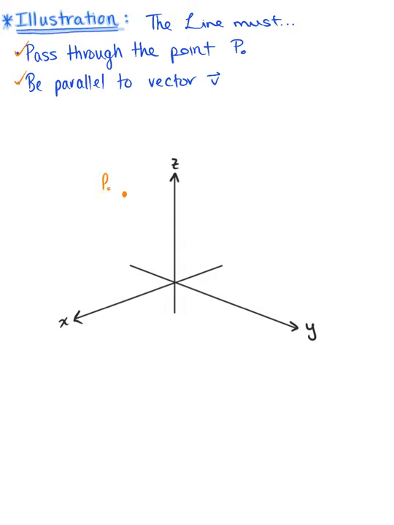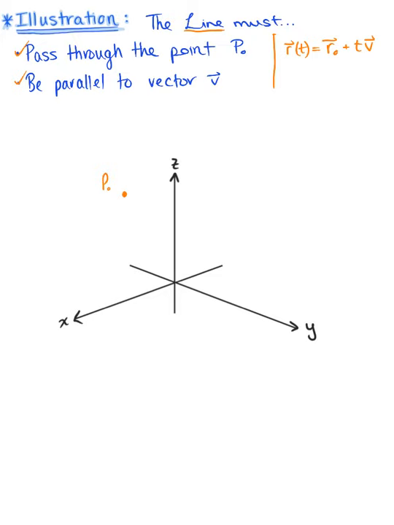Keeping in mind what the vector-valued equation of the line looks like, we know we need to achieve vector r of t equal to that position vector r naught plus the arbitrary parameter t multiplied by vector v. All we have is this point P floating around in space right now.